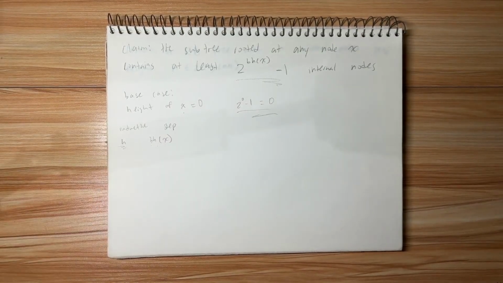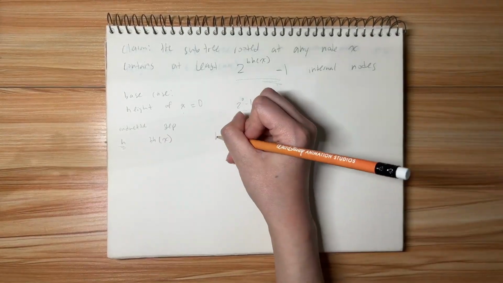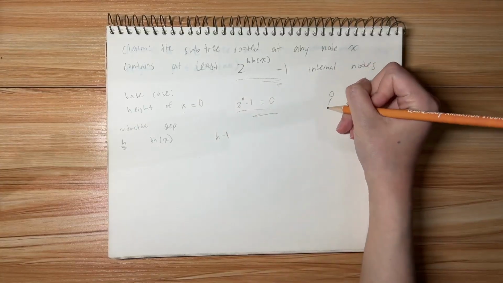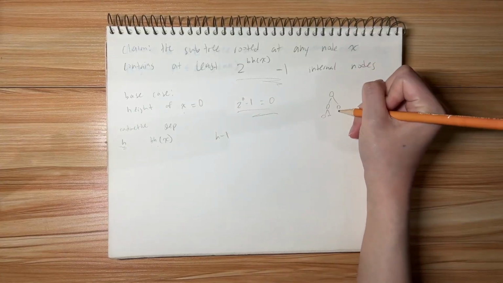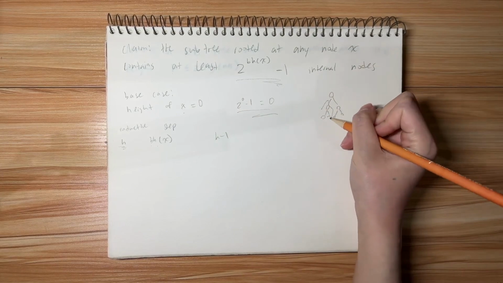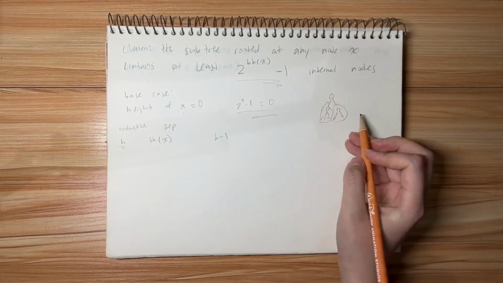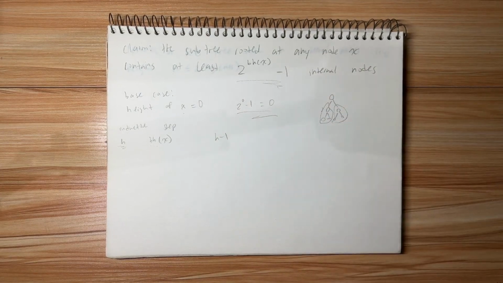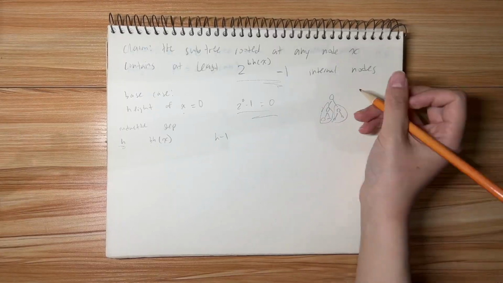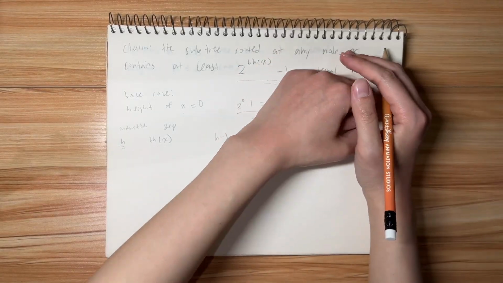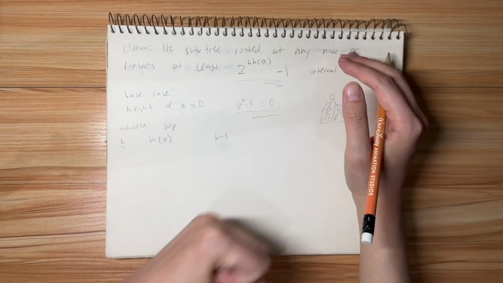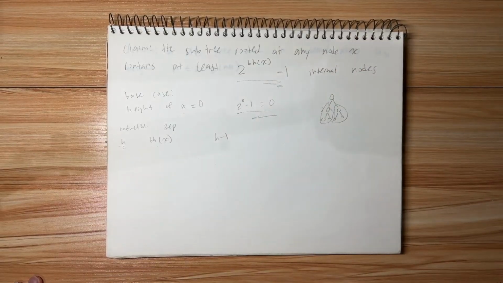Any subtree must have a height h minus 1. Because think about it like this: if you have some tree like this, any subtree you take has to have a height of h minus 1 because you're pulling it apart like that.